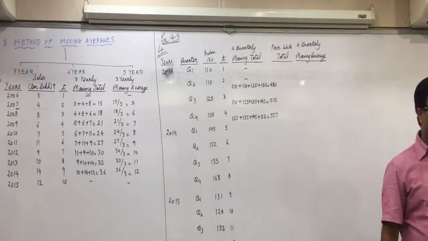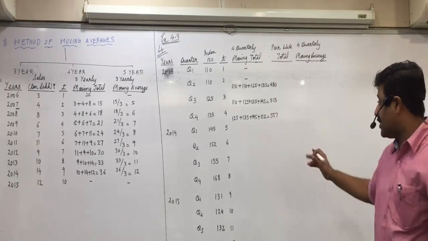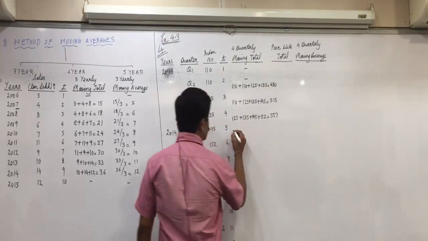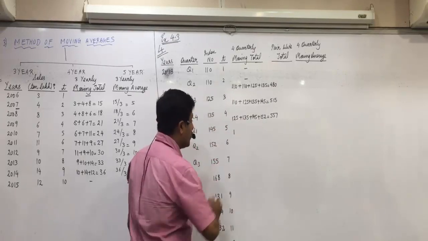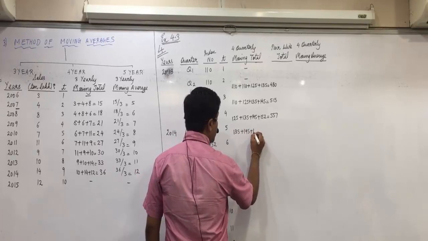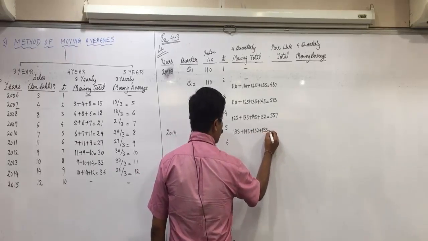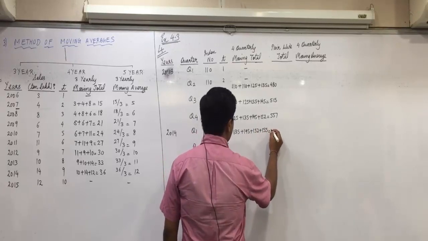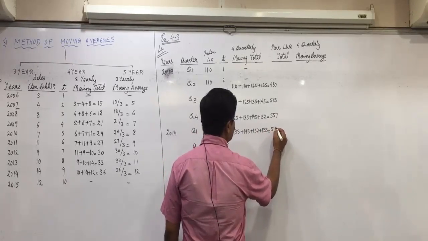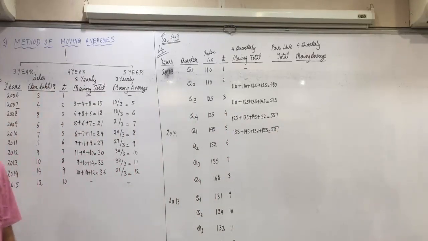Anyone not clear with this? Next. 135 plus 145, plus 145 plus 152, plus 152 plus 155, plus 155. So 587. Any confusion in this? Are all clear up till here?